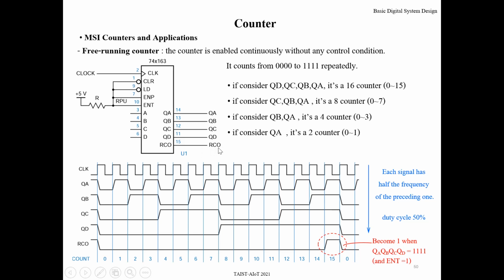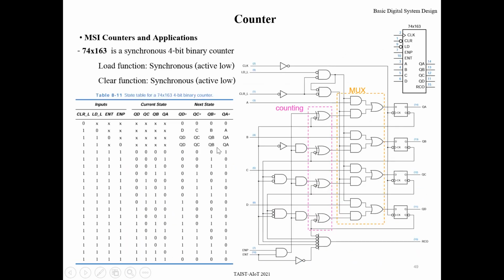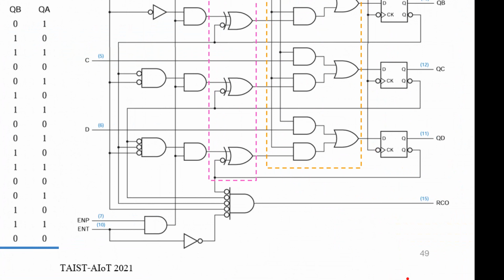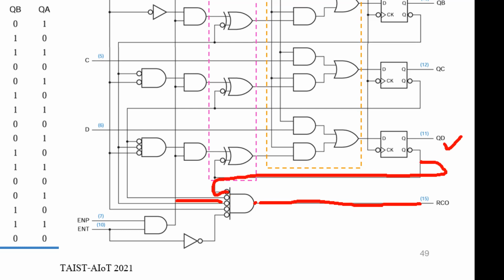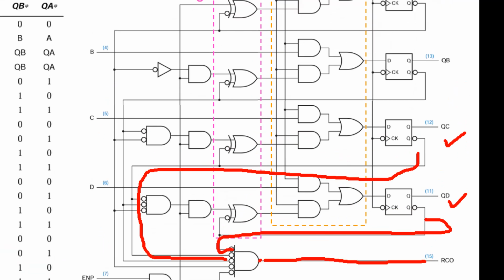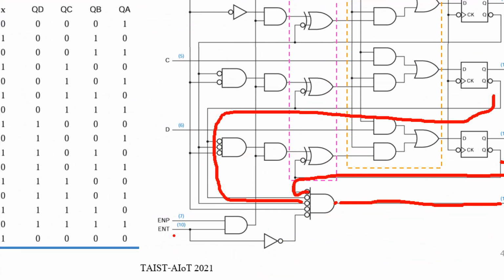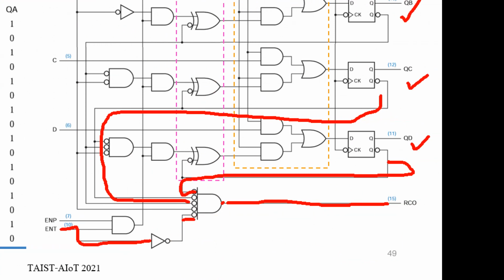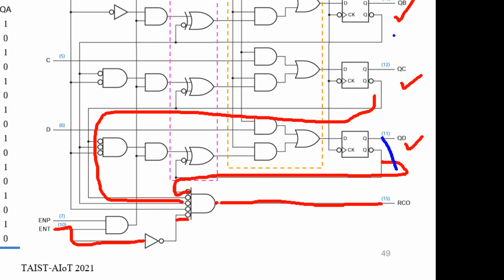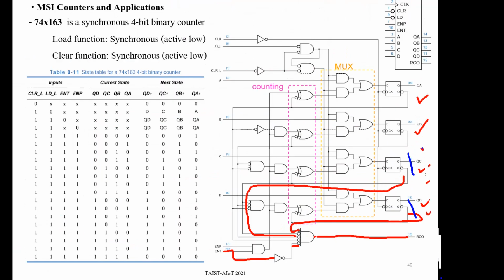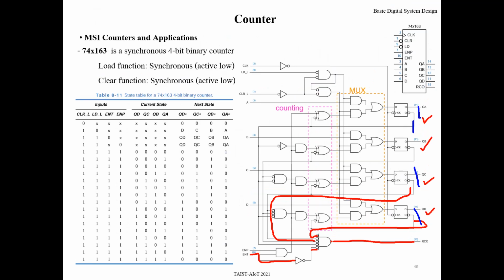Oh, one more. The output terminal is RCO. What is RCO? Look here. RCO is the output of this AND gate, right? It's an AND between QD, QC, QB, QA, and enable T. So if the current state is 1 1 1 1, the last state of the counter, RCO will be 1.